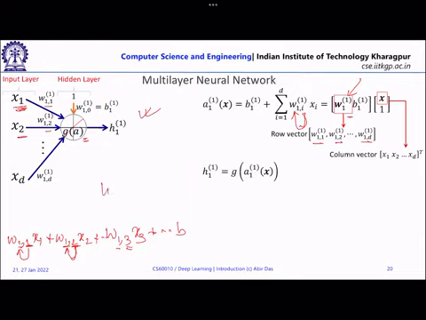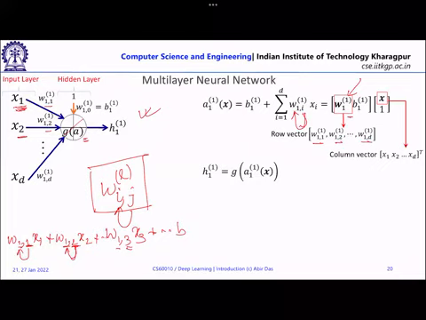So in general it is Wij: in the lth hidden layer, from j to i. Try to be familiar with this notation. I'm trying to be as lucid as possible, but you need to sit down with the slides before the class if possible. That I will always encourage.